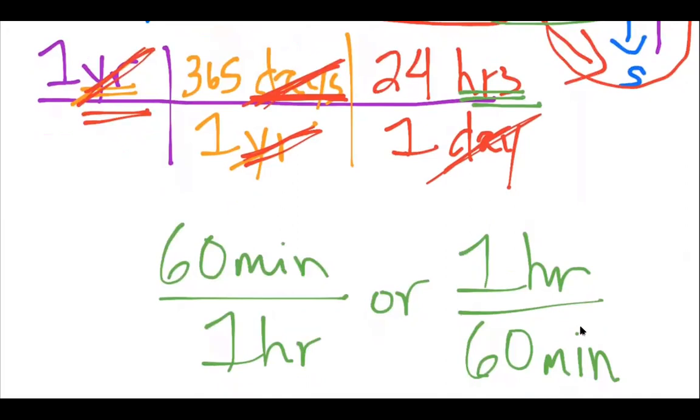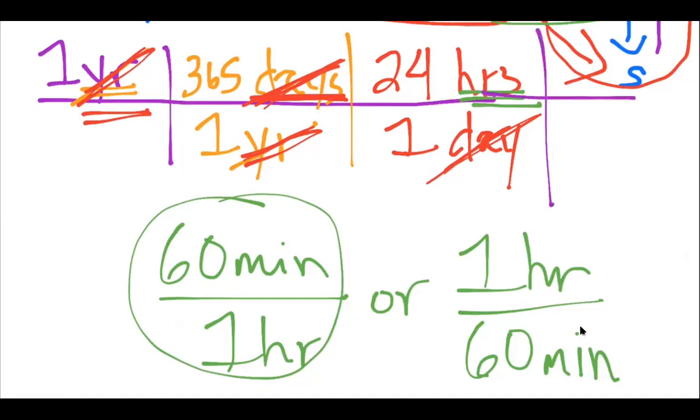60 minutes on top and 1 hour on bottom, or 1 hour on top, 60 minutes on bottom? 60 minutes on top. Yes. So I want to use this one because the hours are on the bottom. And so I'm going to extend my setup here. I'm going to put another vertical line here, and let me erase this a little bit.